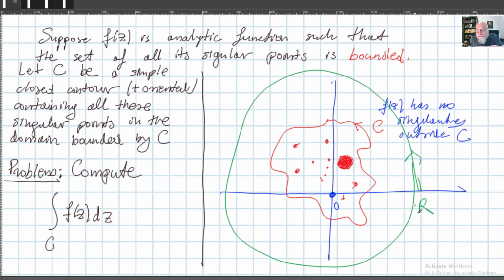Everything is inside. The contour is inside. The singularities are inside. Let's denote this circle of radius R by CR, so the boundary of this disk is CR.